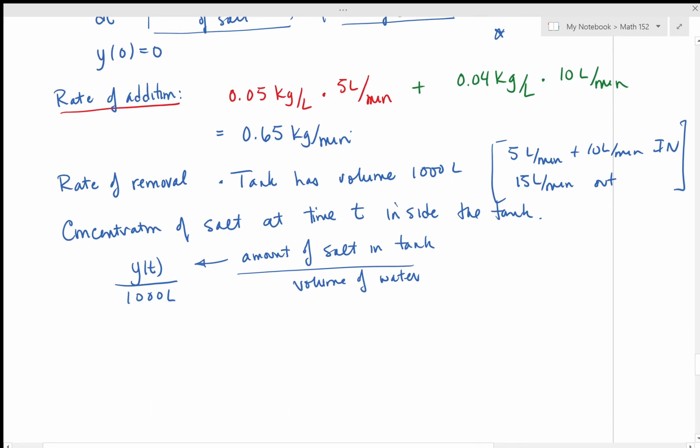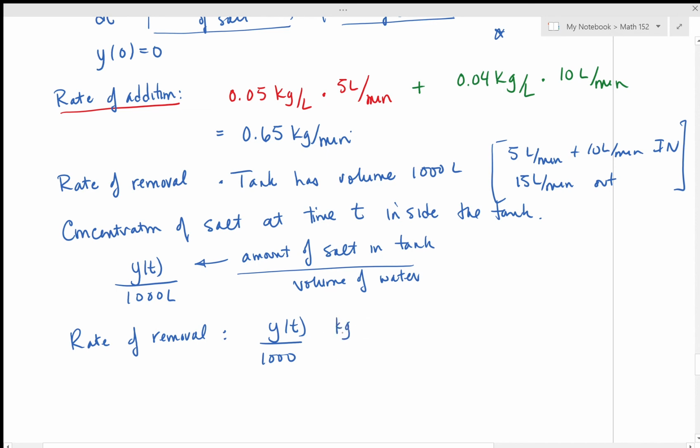So the rate of removal is thus y of t divided by 1,000 multiplied by how much water is going out, 15 liters per minute. Units can be really helpful here. Let me expand this out and watch the units, because they can really help you see what's going on.